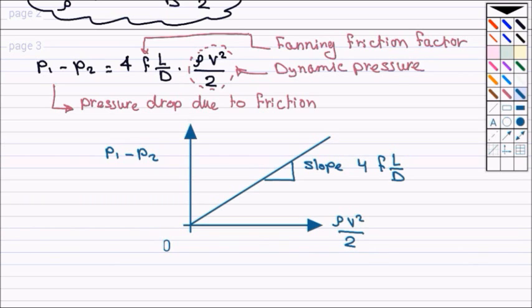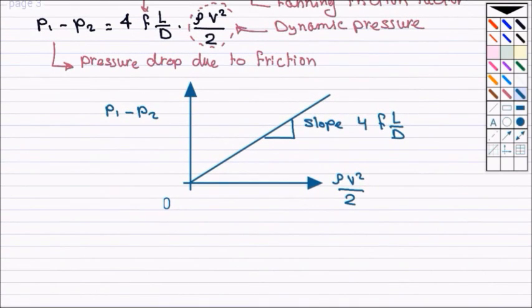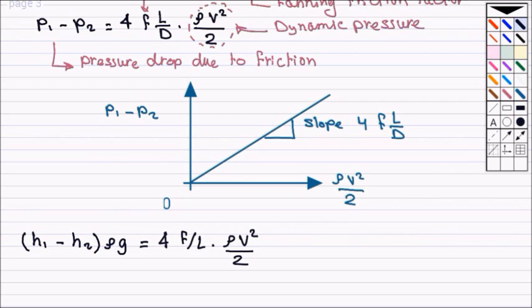I can also write this equation in terms of head loss instead of pressure drop. So I can say (H1 minus H2) times rho g equals 4F times L by D times rho V squared by 2.